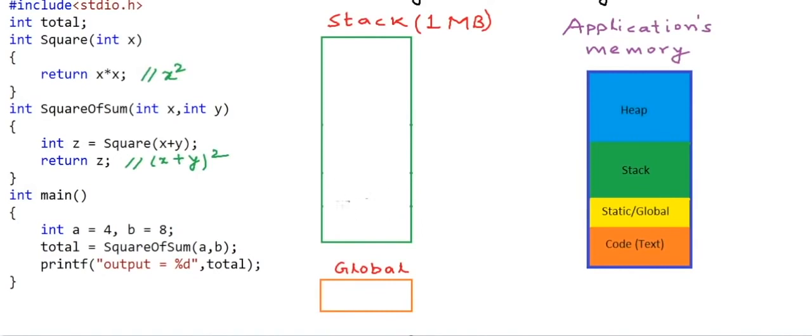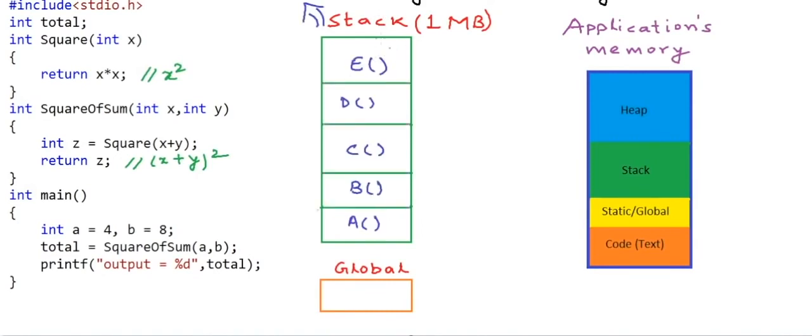And if our call stack grows beyond the reserved memory for the stack, like for example, if a method A calls B, B calls C, and we go on calling and we exhaust the whole space reserved for the stack, then this is called stack overflow, and in this case our program will crash. One common case of stack overflow is when you write a bad recursion and your program goes infinitely into recursion.